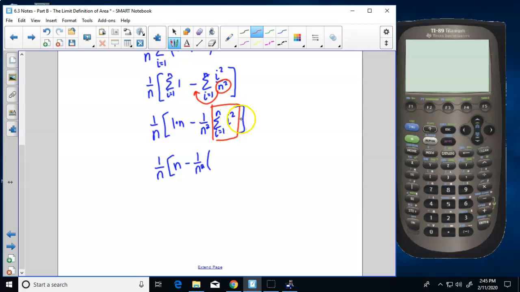That's the shortcut rule, and it is n times n plus 1 times 2n plus 1, all over 6. I asked you to remember what that equaled. It was 2n to the third plus 3n squared plus n, over 6.